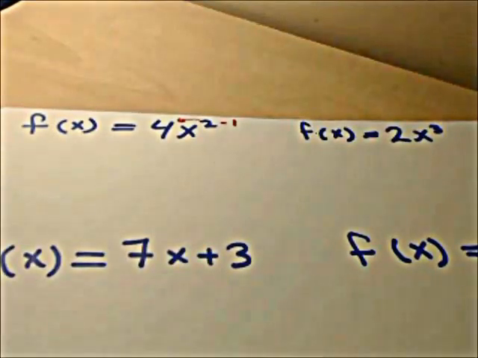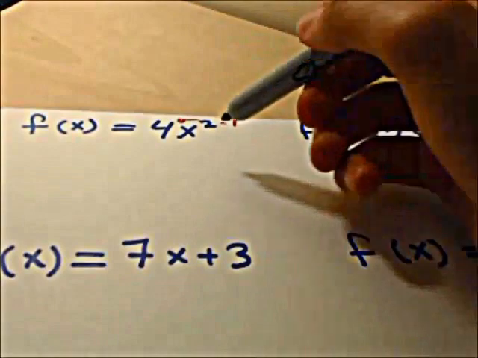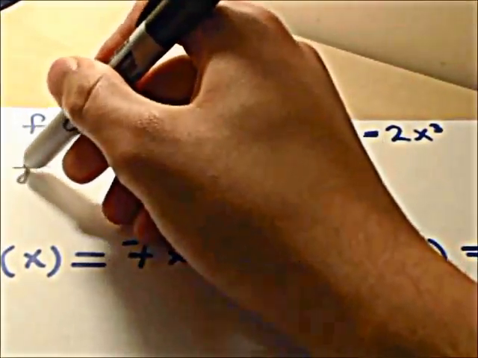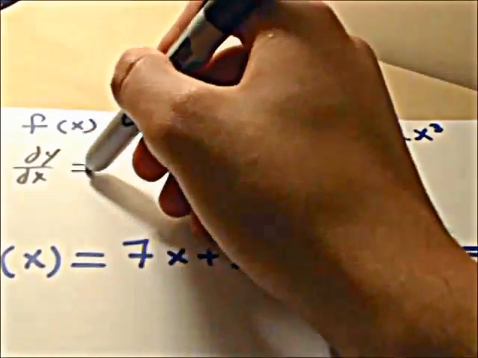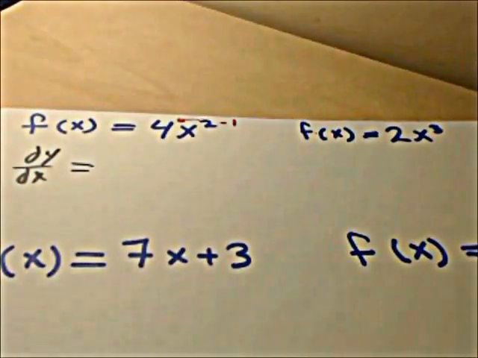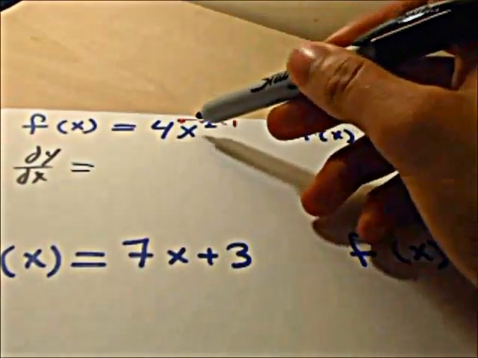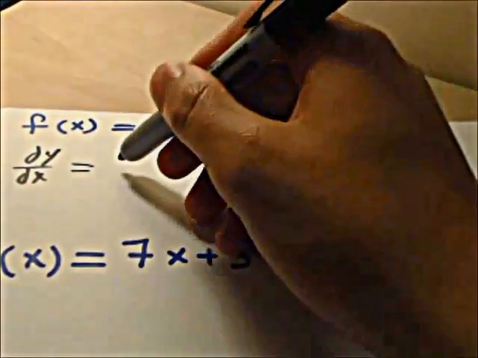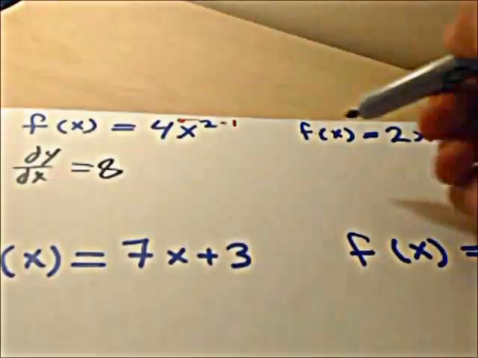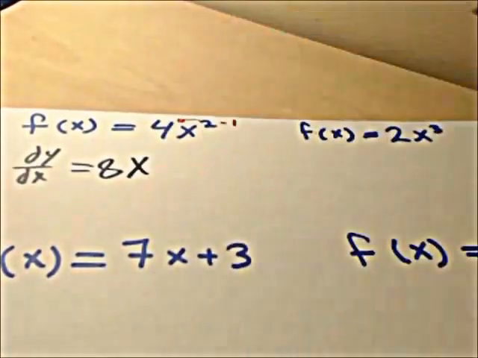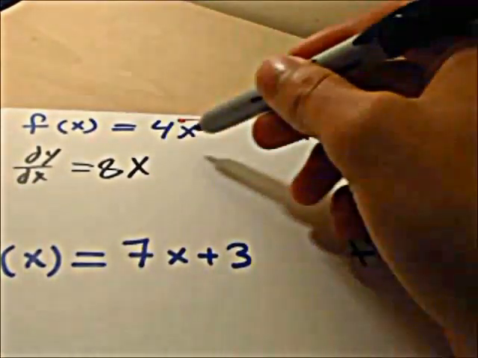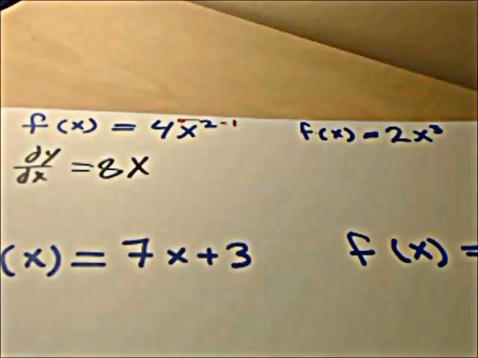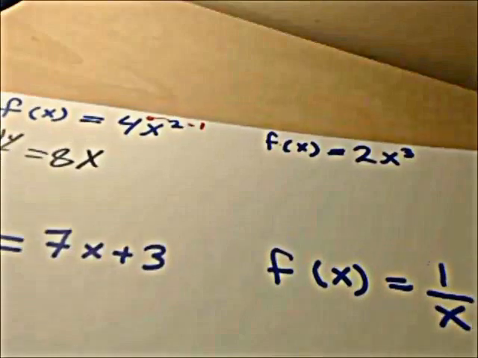So for 4x squared, the derivative dy/dx equals the 2 multiplied with 4, so it's going to be 8x, and then we subtract 1, which gives x to the power 1, but we usually don't write the power if it is 1.